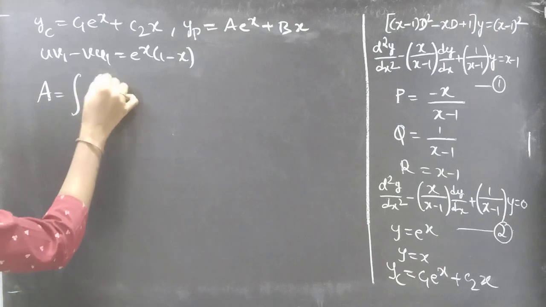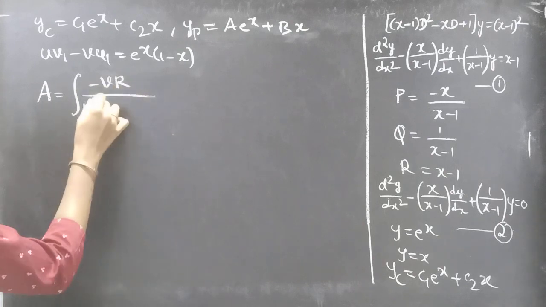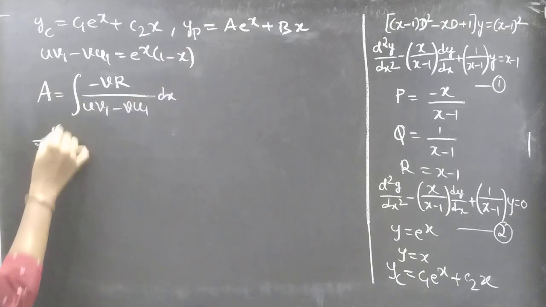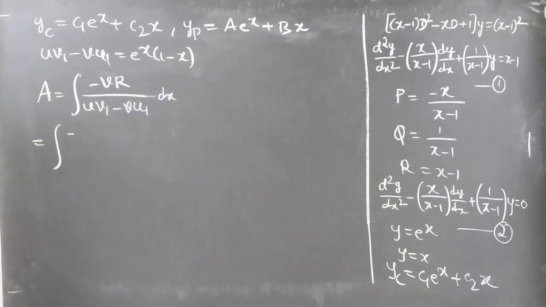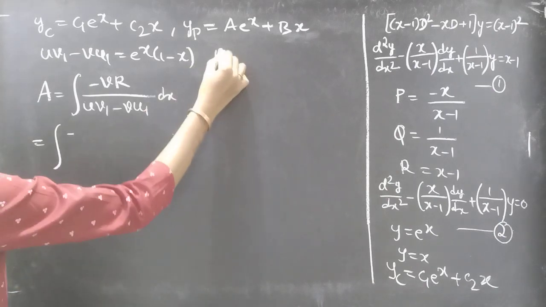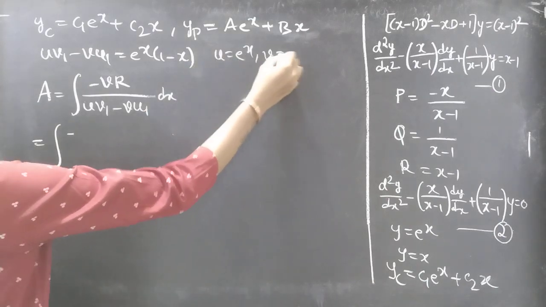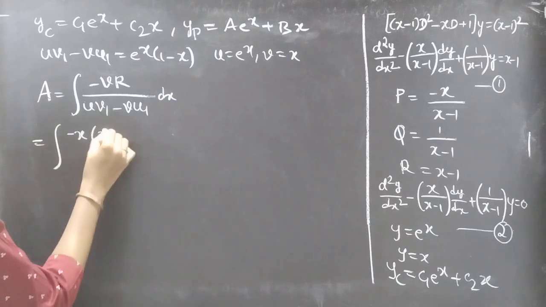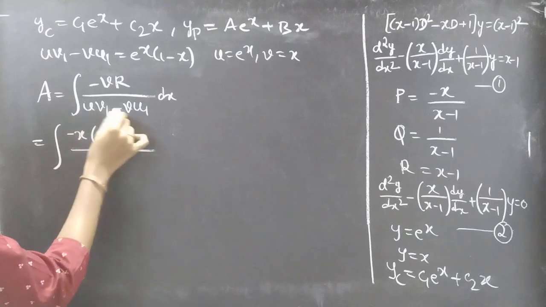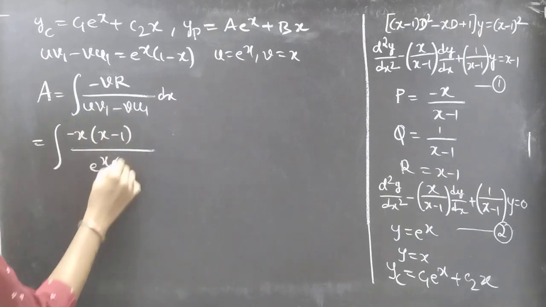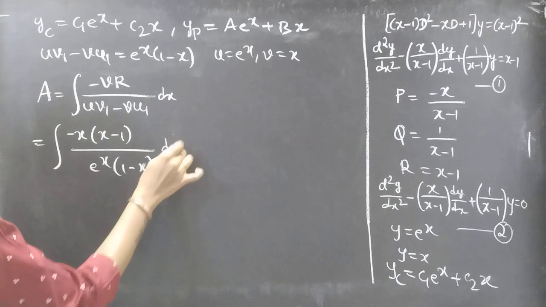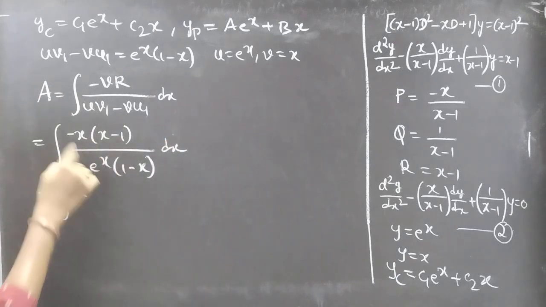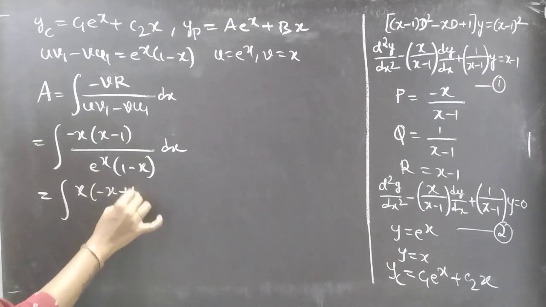A is given by minus integral of vr by uv1 minus vu1 into dx. This equals integral of minus x into r, which is x minus 1, divided by uv1 minus vu1, which is e power x into 1 minus x. Now just multiply these two terms with minus, then we'll get minus x plus 1, right?